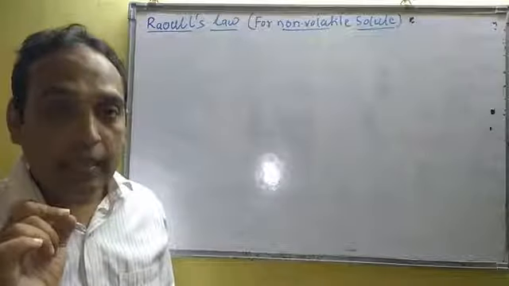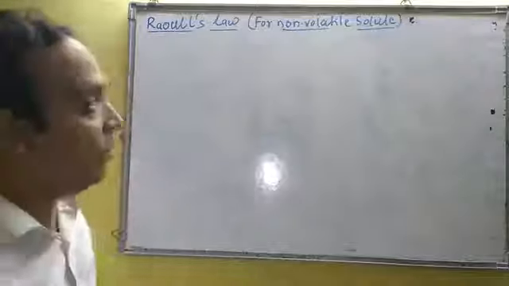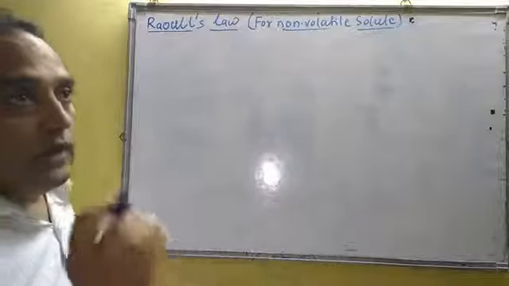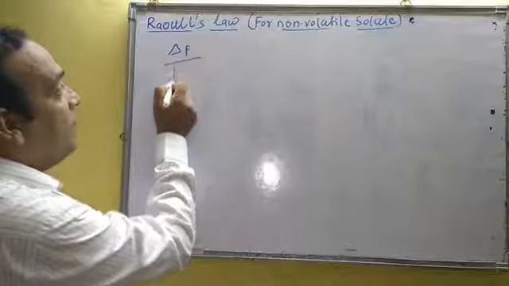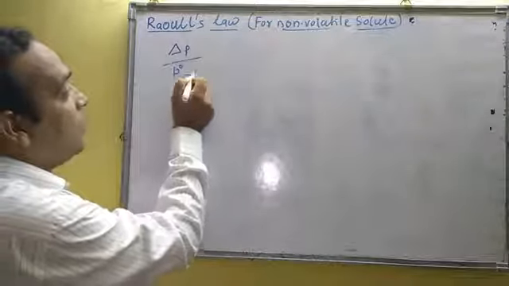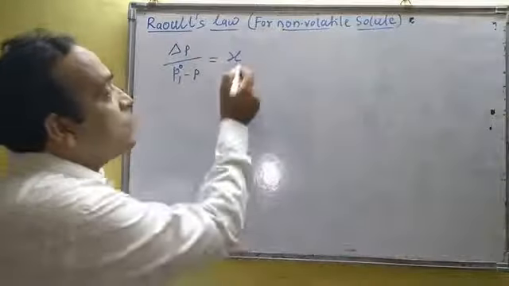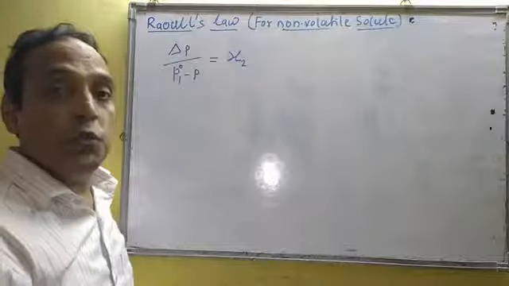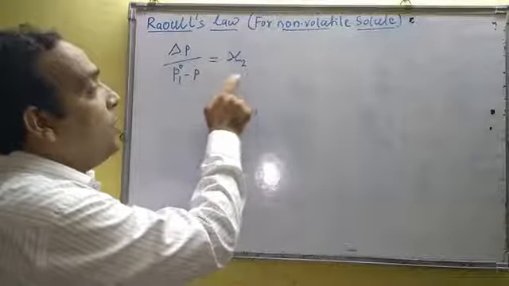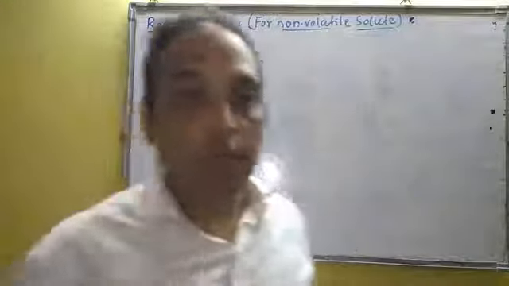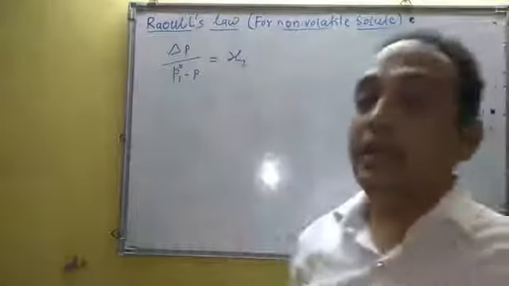The relative lowering in vapor pressure we can write here as delta P upon P1 naught, that is P1 naught minus P upon P1 naught, and mole fraction is represented by X and solute is represented by 2. So this relative lowering in vapor pressure is equal to mole fraction of solute. That law is called Raoult's law for non-volatile solute.